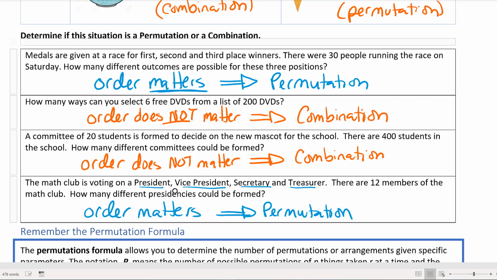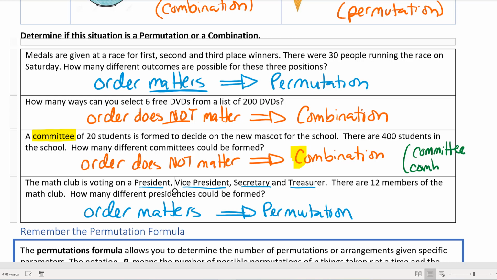Now, the way I remember permutation and combination is committees versus presidencies. If we're talking about a committee, committee starts with C, and so does combination. So committees are where order doesn't matter. This is our committee example.